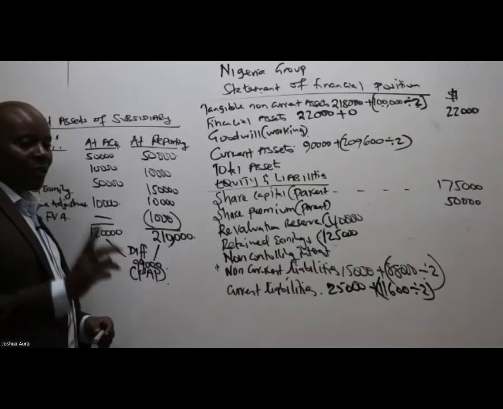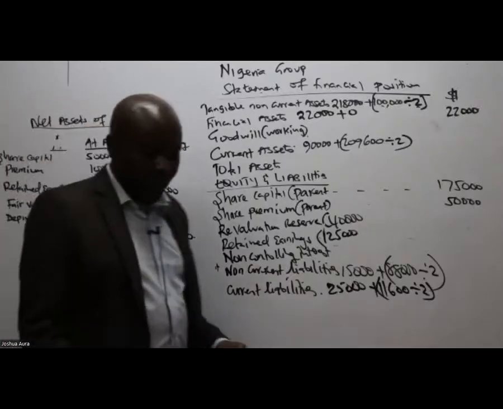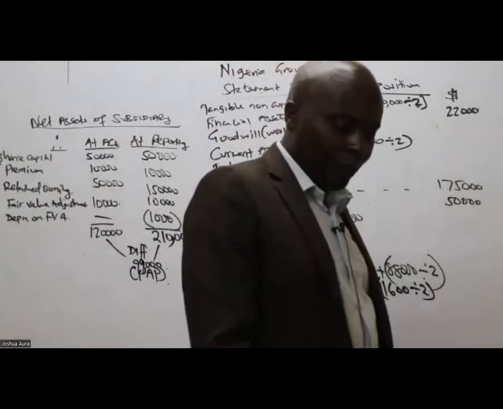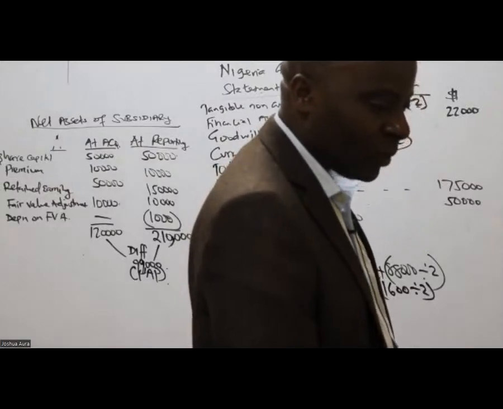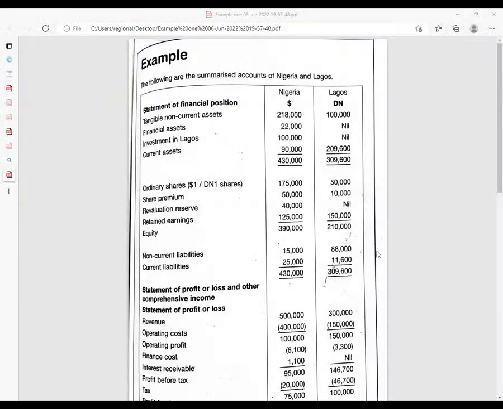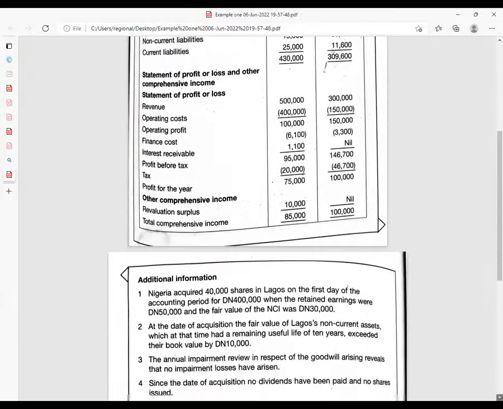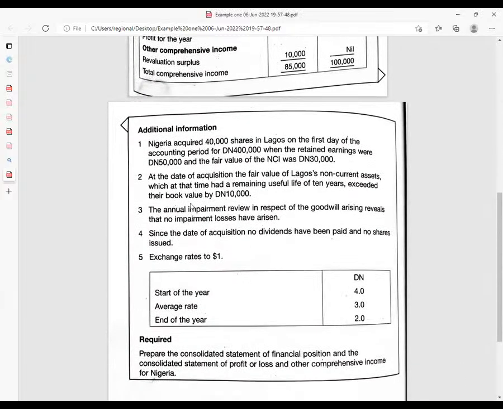There's a student who wants me to repeat something on this fair value adjustment, the valuation of assets of the subsidiary when you are acquiring them. So now here, they have told us something very nice. They've told us that at the date of acquisition, the fair value of Lagos non-current assets, which at that time had a remaining useful life of 10 years, exceeded their book value by 10,000.